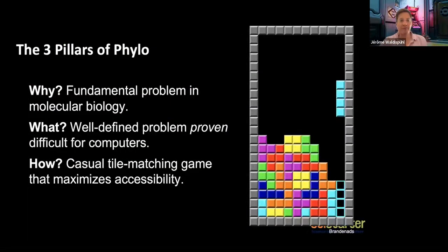So what are the fundamental pillars of Philo, and what makes it successful and relevant? First is because we're addressing a fundamental problem in molecular biology. It's important when you develop a game that hopefully will be played by thousands or millions of people to be broadly relevant.